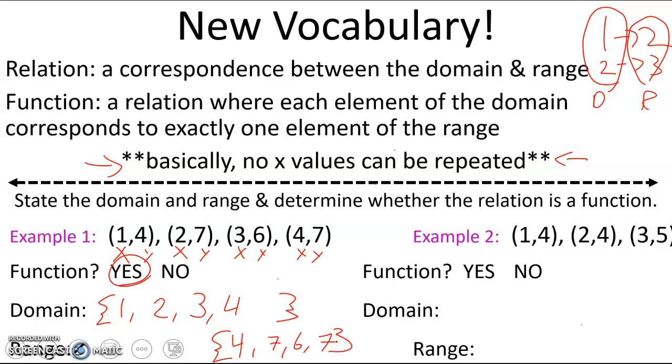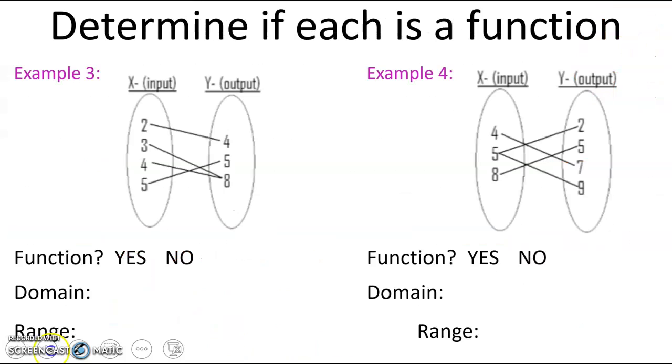You do notice that the y values repeat, but I don't really care about the y values when it comes to functions. Y values can repeat all the time. All that I care about when it comes to a function is whether or not my x values repeat. Okay? So let's move on.